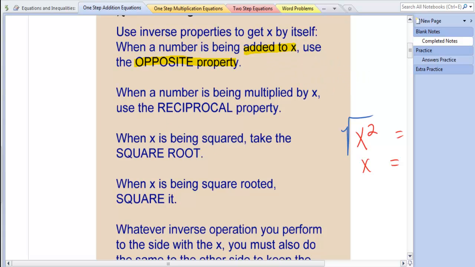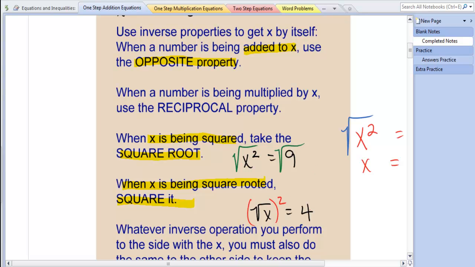And today we also talked about when x is being squared, you take the square root. And of course you do it to both sides. And we talked about when x is being square rooted, then you're going to square it.